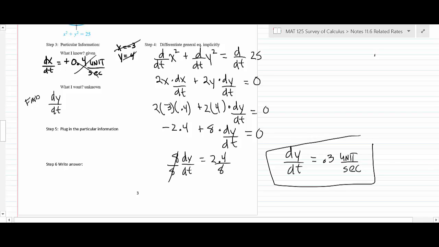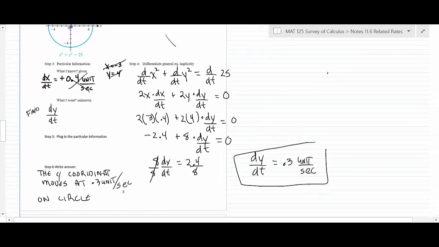You can just say that the y coordinate moves at 0.3 units per second on the circle, and that's good enough for that one, okay? I want you to always know what you're really finding in this problem.